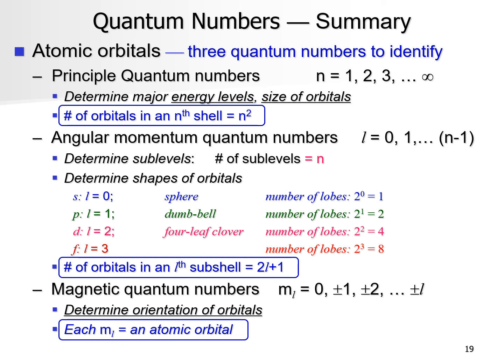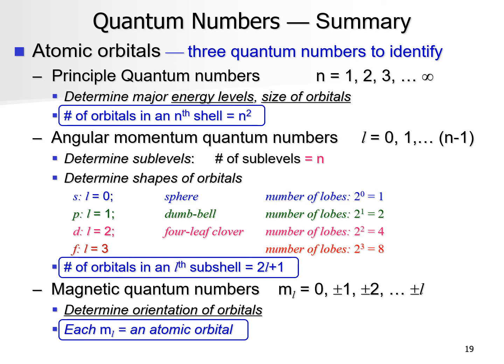It also determines the shapes of orbitals, as we already discussed: a sphere for the s subshell, a dumbbell for any orbital in the p subshell, and a four-leaf clover for any orbital in the d subshell, meaning 4 lobes. For f, all we can say is 8 lobes. What kind of shape? There's no solid description for that. The number of orbitals in a subshell of L is 2L plus 1.